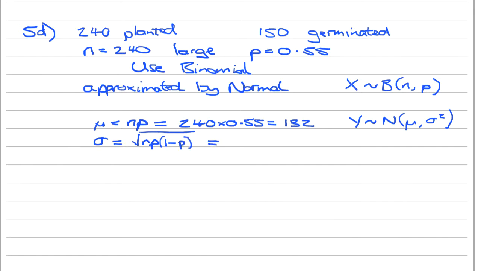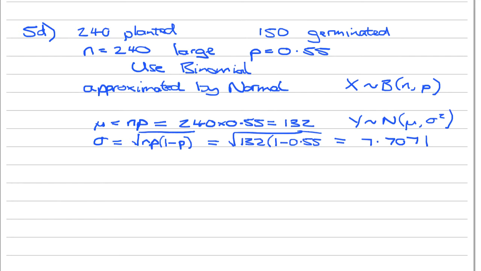So if I put that into the calculator, we're going to have square root of, now our np we just worked out there was 132, times (1 minus p), our p was 0.55, and just working that out, it comes to 7.7071, and that's our sigma.